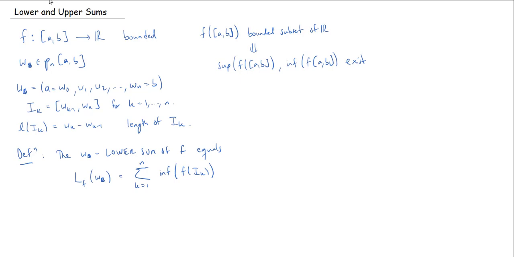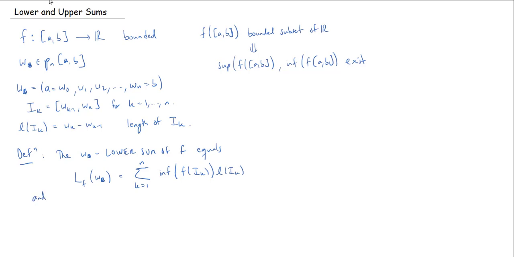So I look at the image of f not on the entire interval [a, b], but just on this sub-interval I_k. And I just ask, what's the smallest value that f can take on, or if it can't really hit a smallest, what's at least the infimum of all those values? And then I'm going to multiply by the length of the interval. And so that will be my lower sum of f corresponding to the partition w, or for short, the w lower sum of f.